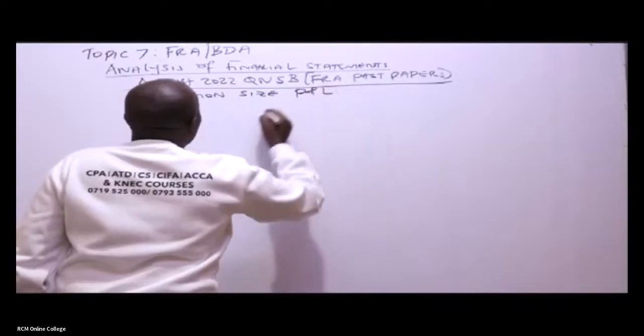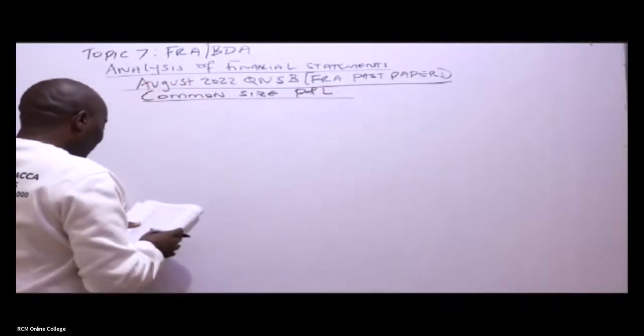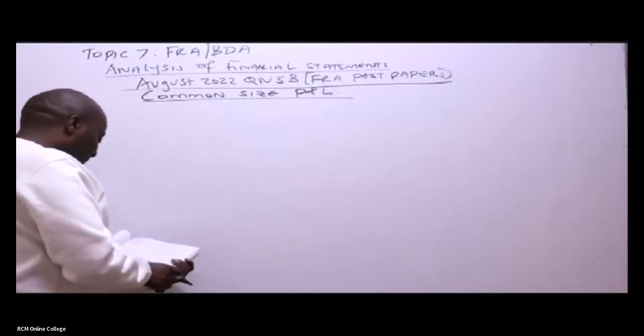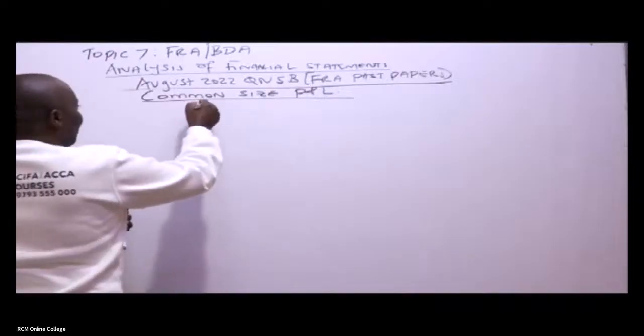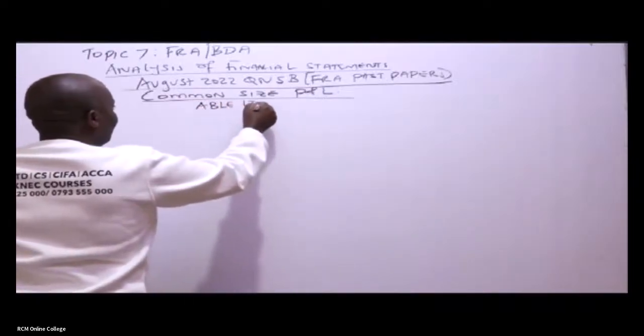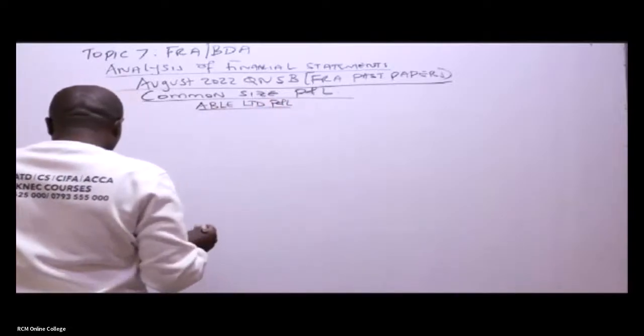Profit and loss. Very easy. So we copy for the first company. So we have here Able Limited, P and L for Able Limited.